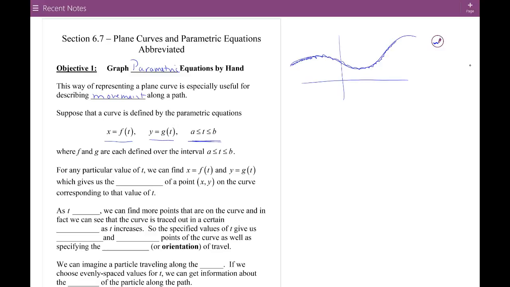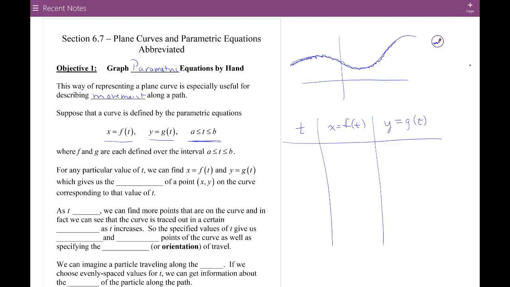So for any particular value of t, we can find x, which equals f of t, and y, which equals g of t. And so we're going to make a three-way chart similar to the xy chart or the r theta chart, but now it's going to have t, x, and y.